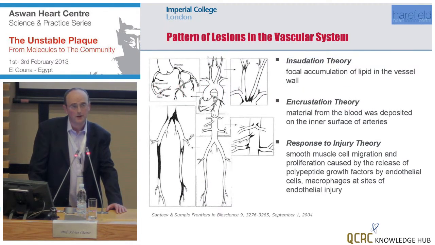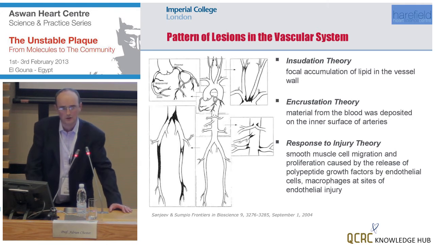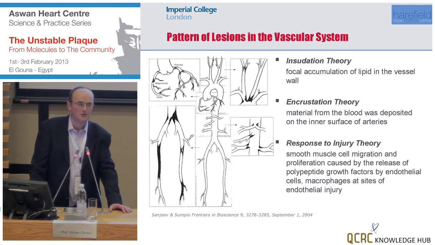Indeed, a number of theories have been proposed to explain how the atherosclerotic process evolves, relating to the accumulation of lipid within the vessel wall, material from blood deposited from the passing flow of blood, and also the Russell-Ross response to injury theory, in which damage to the endothelium affects underlying smooth muscle cells and causes release of polypeptide growth factors.